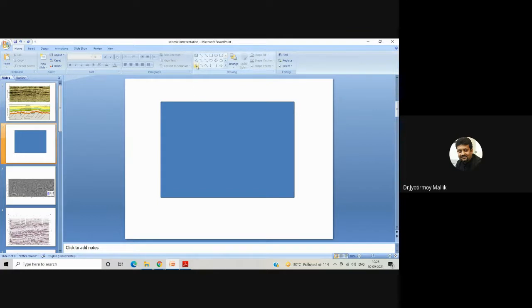I'm selecting some straight lines: line 1, line 2, at regular intervals, line 3, line 4. And then similarly, I will choose some lines here as well.